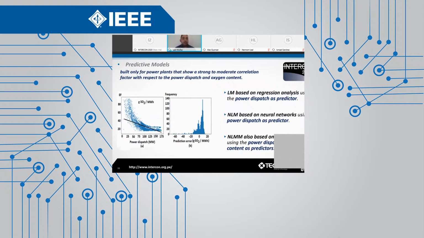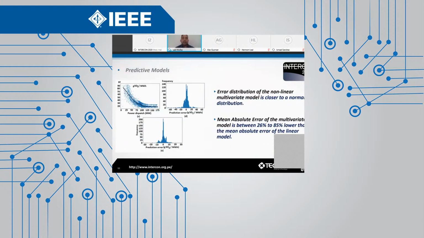So this linear approach maybe is not reflecting what is happening with emission levels. In this case, it's better to use a nonlinear model, where we can represent in a better way the distribution of these emission factors in terms of the power dispatch, as you can see here.